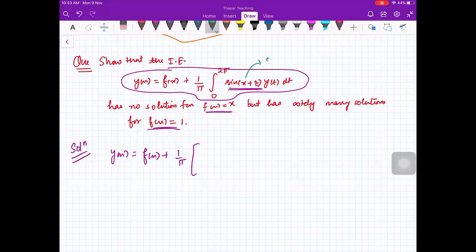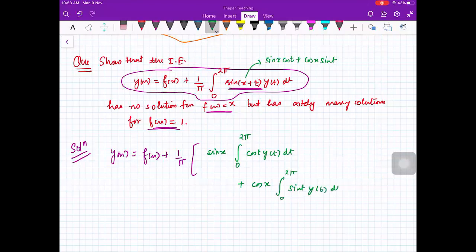Yes, you can write it as sin x cos t plus cos x sin t. Right? So I'm just writing sin x outside, so you have the integral from 0 to 2 pi of cos t y(t) dt, plus, then I'm taking cos x outside, so you have the integral from 0 to 2 pi of sin t y(t) dt.